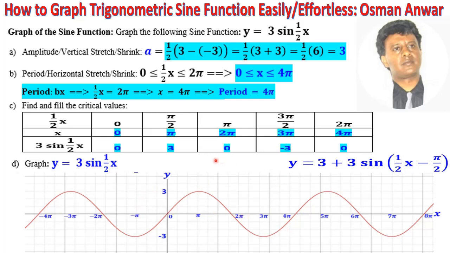So adding 3 in the front and subtracting pi over 2 will shift this graph vertically by 3 and horizontally by pi, which is called phase shift. We'll do that in the next video.